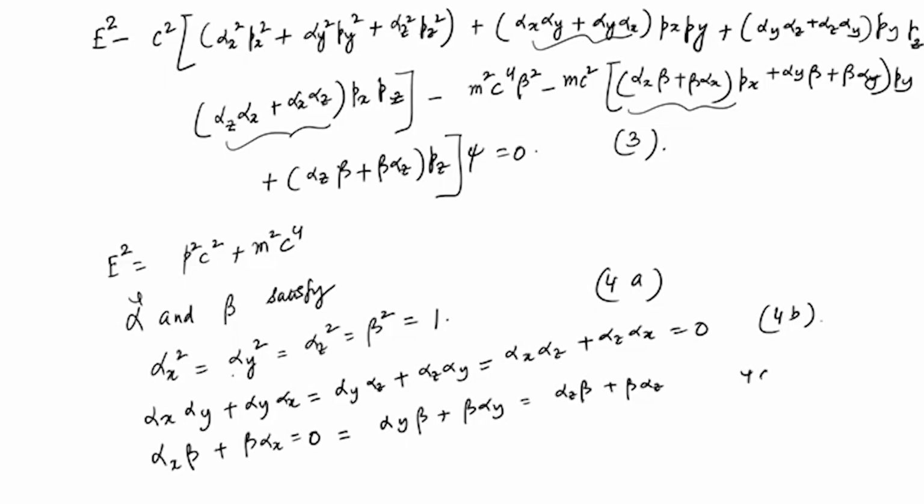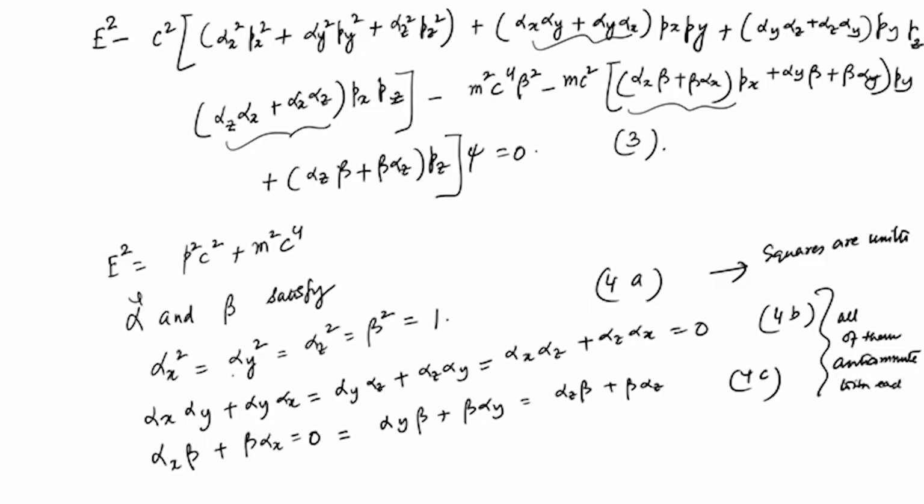So, that tells that these squares are unity, and all of them anti-commute with each other. Now, that tells us that they can't be simple numbers, because of these anti-commutation relations and all of them squaring up to 1; that is only possible for matrices.